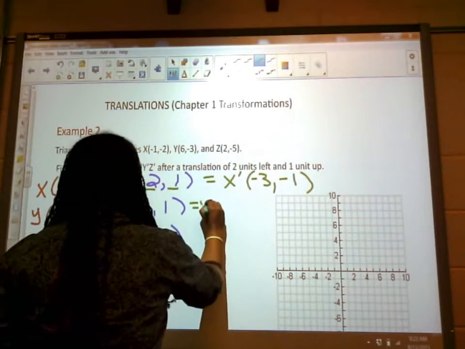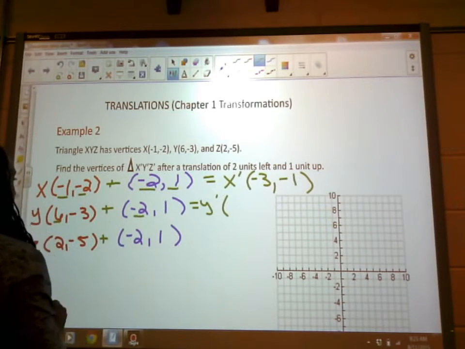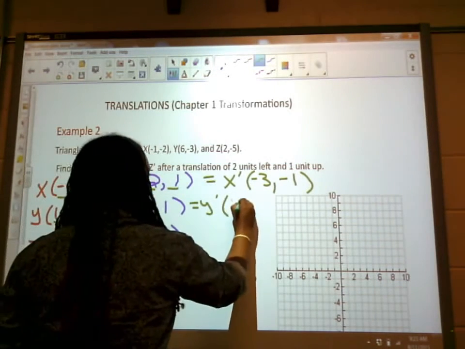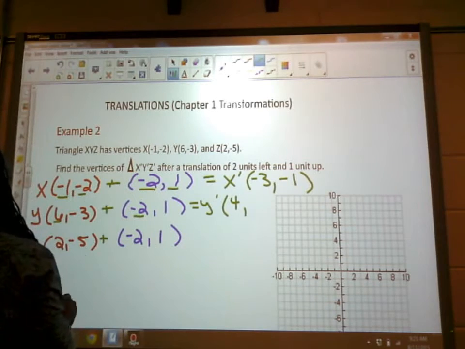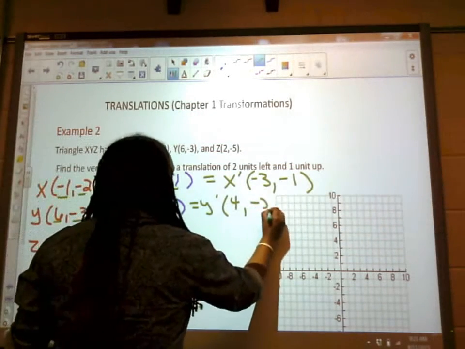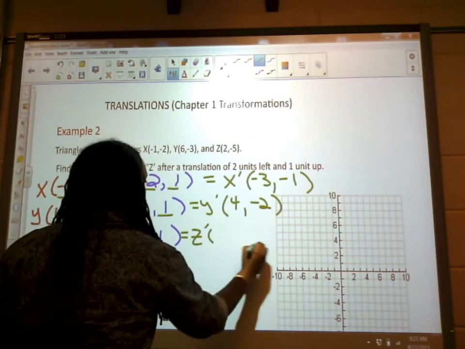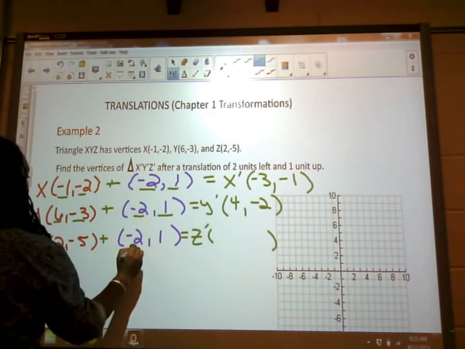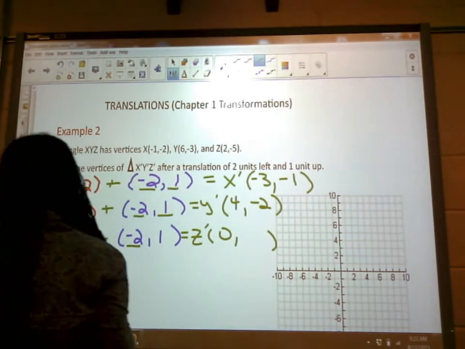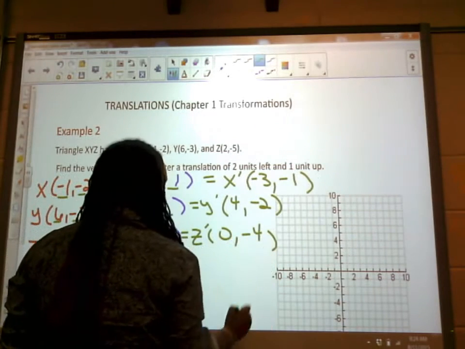Then I go to Y prime, which is x's with x's, y's with y's. So +6 and -2 is +4. -3 and +1 is -2. And then finally, Z prime, 2 and -2 is 0, and -5 and +1 is -4.